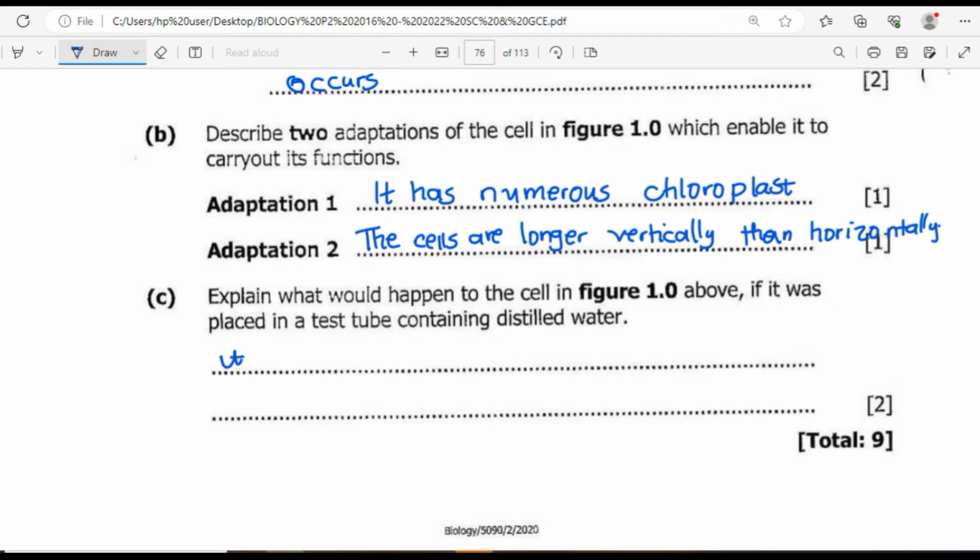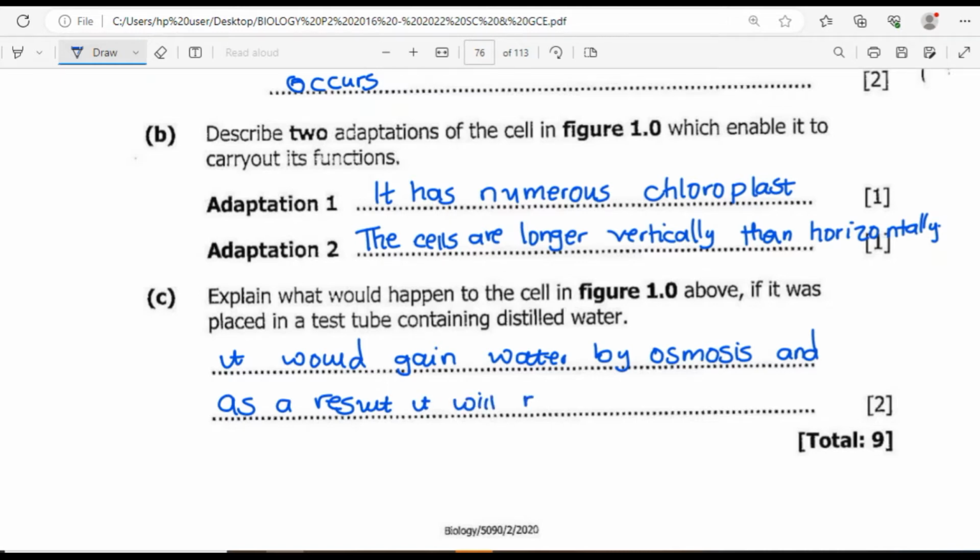So it would gain water by osmosis, and as a result, it will reach its highest turgidity.